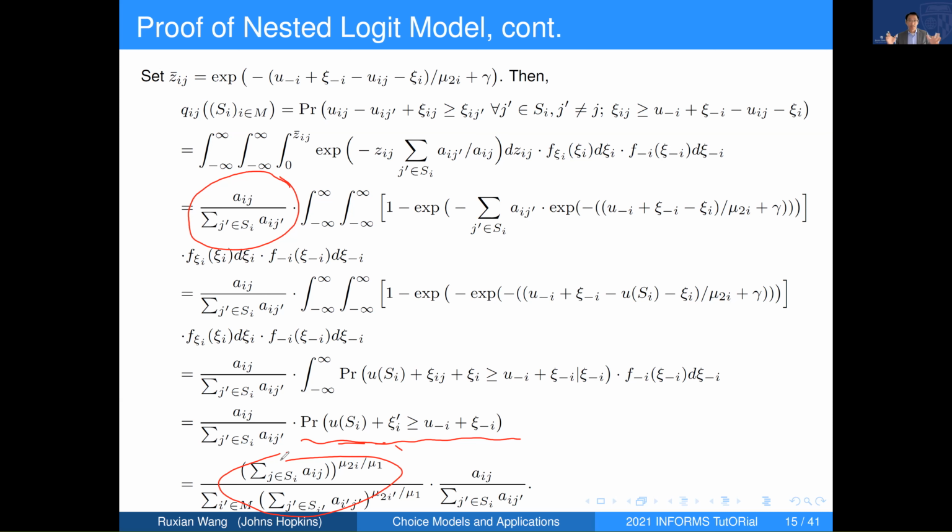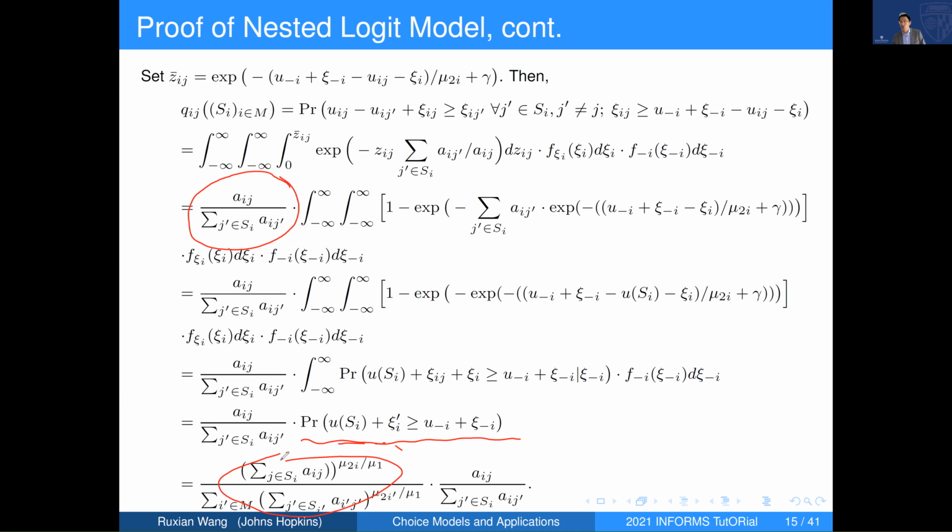Again, the principle is the random utility maximization framework. The choice probability for each product, for each item, is equal to the probability its utility is greater than the utility of any other item in the offer set, right?